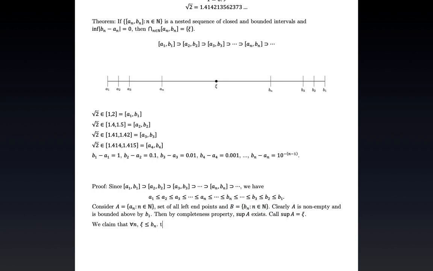So how do we prove this? To prove the claim, assume the contrary. So assume that there exists a BK from B, a right endpoint, such that BK is smaller than xi.